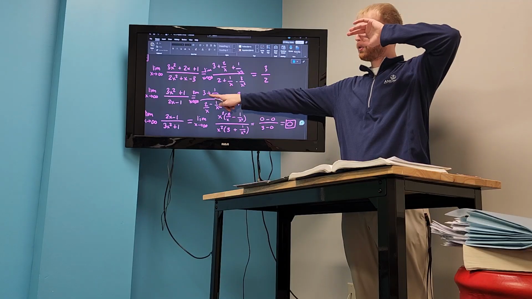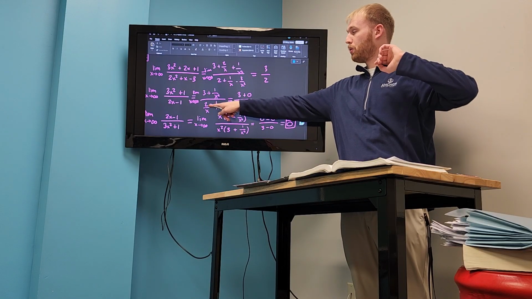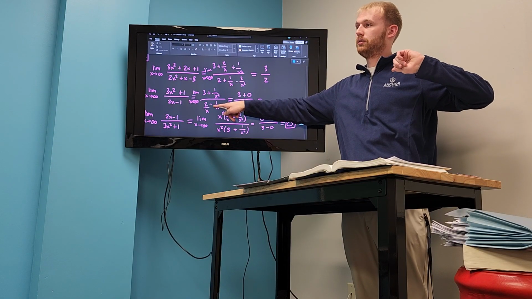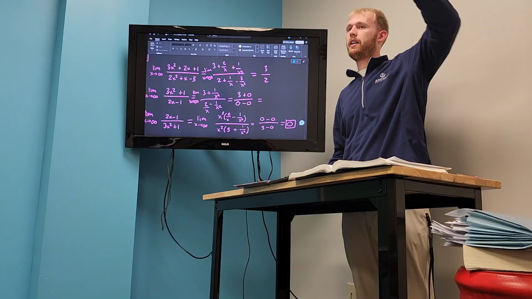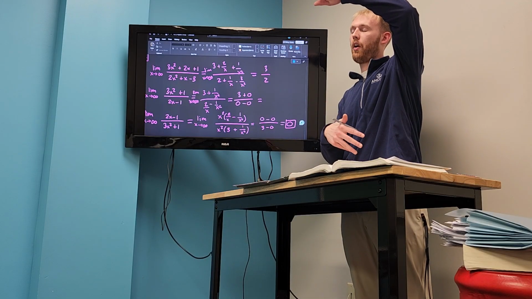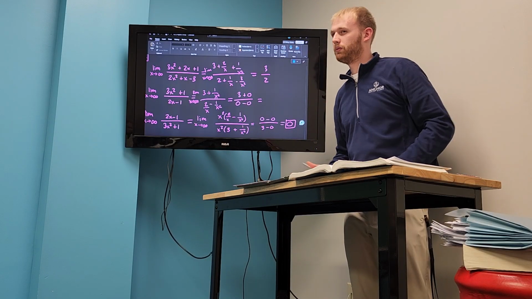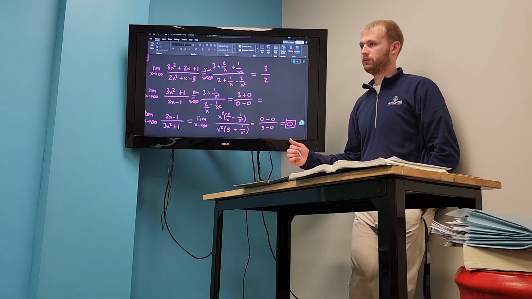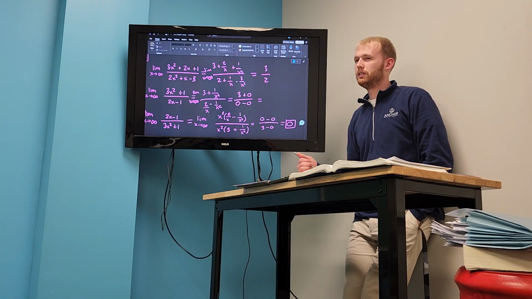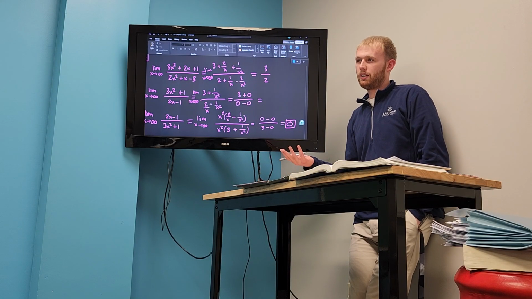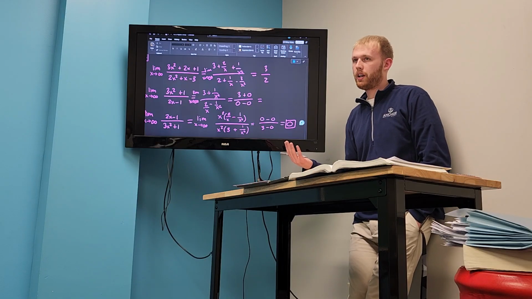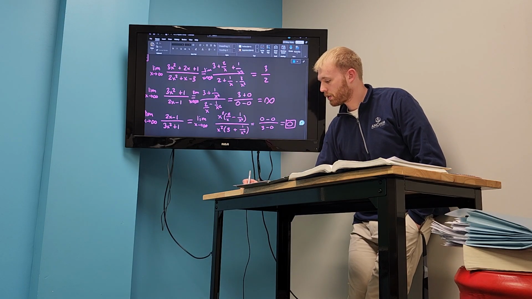If this one's going off to infinity and this one's going to 2 minus 0, what happens if you divide infinity by 2? Infinity. Okay. That was not my best question, but are we good with that? Yeah. Okay, because this one is actually infinity.